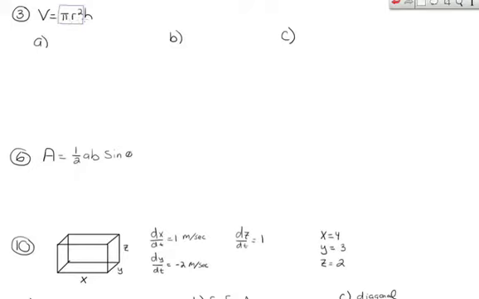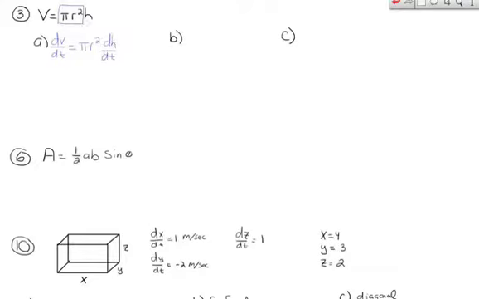So this is just the constant multiple rule. So the derivative of V with respect to time is dV/dt. The derivative of the right side, the constant multiple rule says ignore the constant and take the derivative of the function. So the derivative of h is dh/dt. So I get simply pi r squared dh/dt.